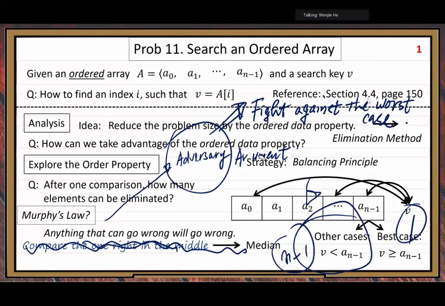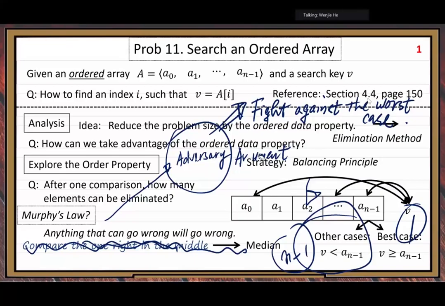Our first experiment is unbalanced, right? The sizes of the two subarrays, the difference is too big. 1 versus n minus 1, the difference is too big. So it's the most unbalanced division, and we don't want to consider this case. We want to make the most balanced decision when we have freedom to choose how to split the data.